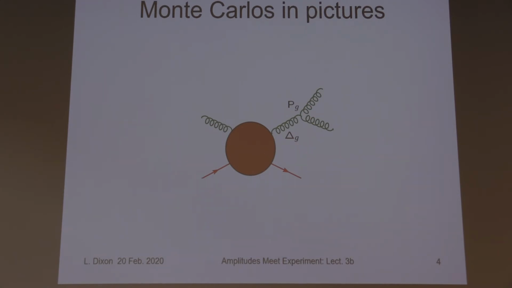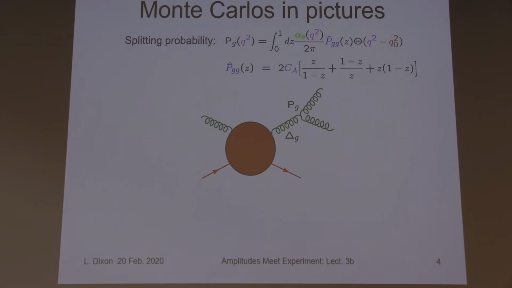But there's also a factor, and for example, we had this splitting kernel here that we derived, and you would feed that in here and generate some probability distribution according to this. So if z is near 0 or 1, it would be larger to take into account the soft enhancements when this branching is asymmetric, and it would be smaller when z was of order 1/2.